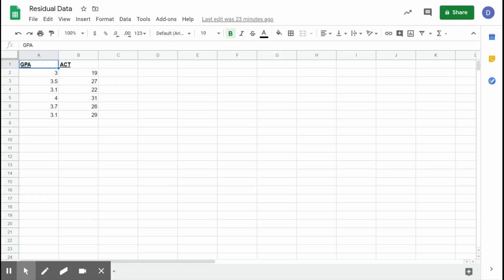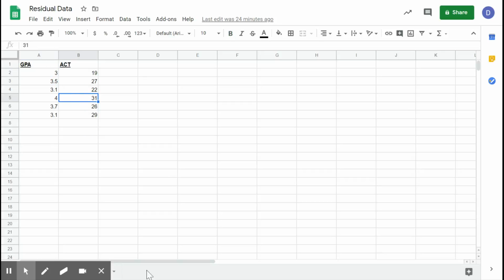So your residual is equal to actual y minus predicted y. Or if we want to get fancy, y minus, I'm not sure how to make the hat symbol here, so it's y minus y hat. All right, so that's what a residual is. It's just basically the difference between the actual value and your predicted value.